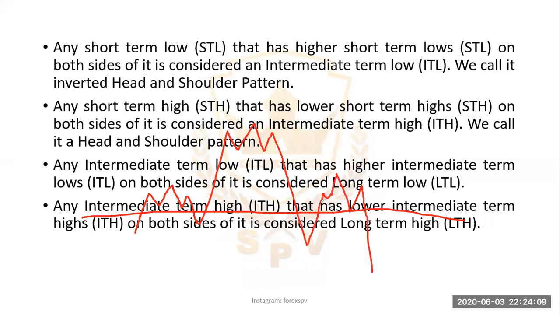So this whole structure will be a long-term high. When these structures are formed, and you know that the market is trending up or trending down, and you find this structure forming, then that indicates that the trend is about to change.